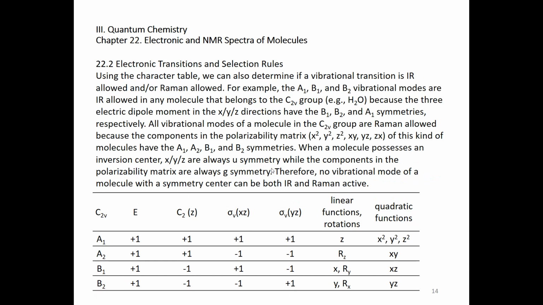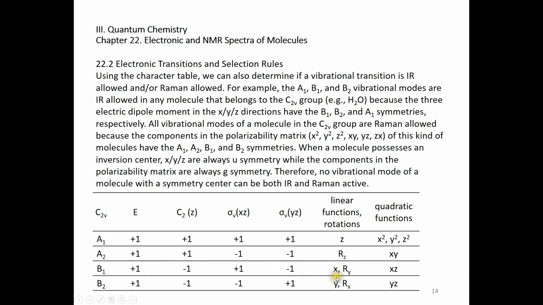Using the character table, we can also determine if a vibrational transition is infrared allowed or Raman allowed. For example, we can look at the symmetry of the vibrational modes. The A1, B1, B2 vibrational modes are infrared allowed in any molecule that belongs to the C2V group, because you can look up the three electric dipole moments in the x, y, and z direction.